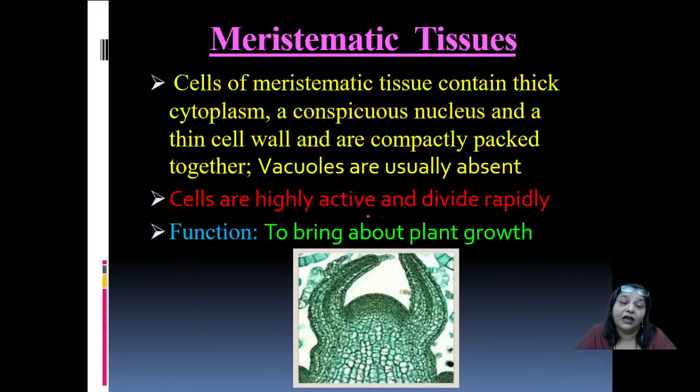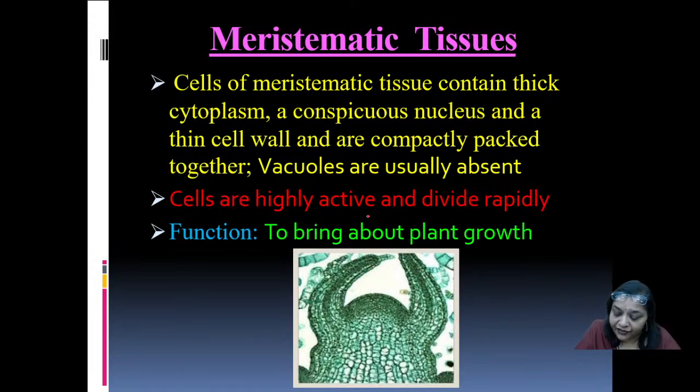And of course vacuoles, which are a very conspicuous part of the plant cell, are usually absent in meristematic tissues. They are very active cells, and they divide rapidly. So the division of the cells takes place very rapidly, and that is how the growth occurs.